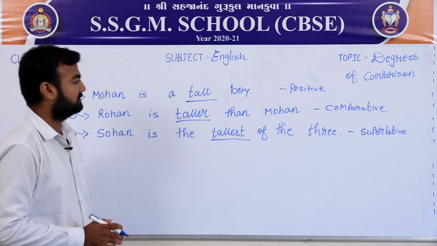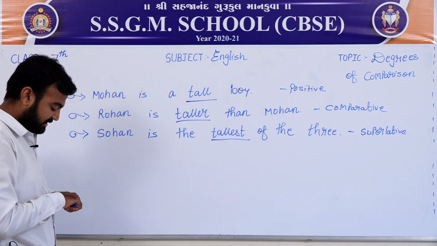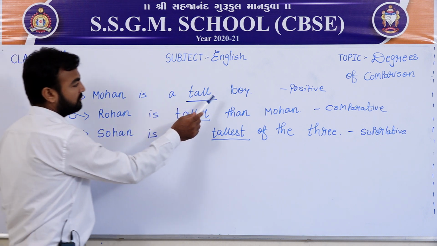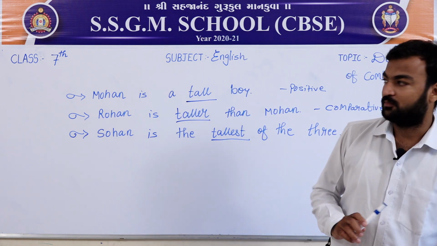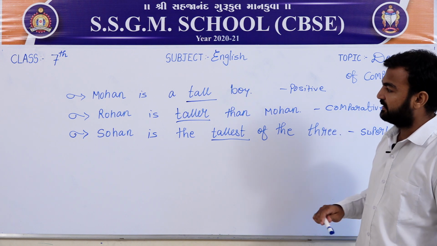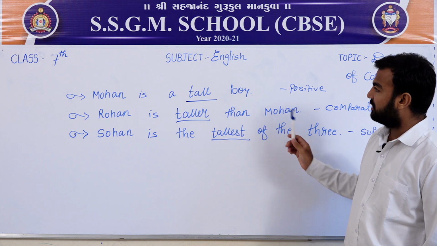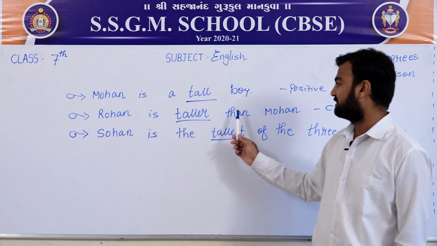Now we will learn all these degrees in detail. By reading the simple sentence, Mohan is a tall boy, we just come to know that Mohan is a tall boy. After that we move to comparative degree. By reading the sentence, Rohan is taller than Mohan, we come to know that Rohan is taller than Mohan.